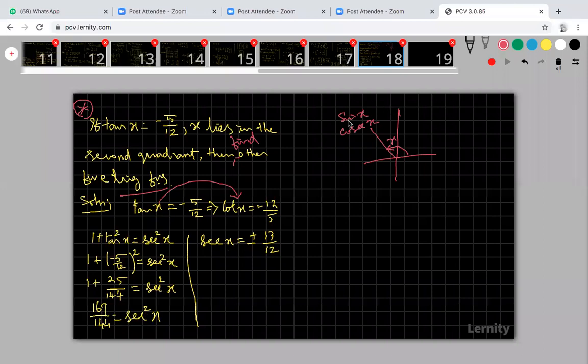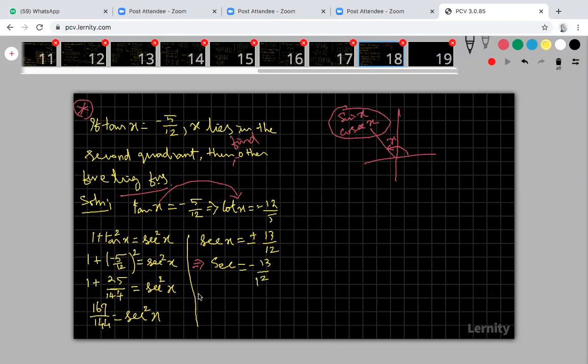But x lies in the second quadrant. In the second quadrant, only sin x and cosecant x are positive. What about your secant x? Which implies your secant x is negative only, minus 13 by 12.